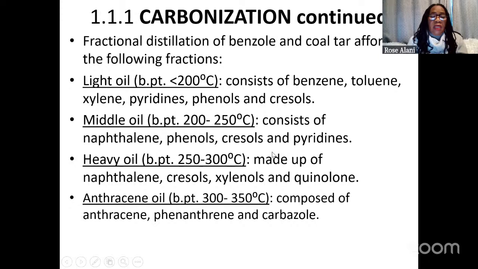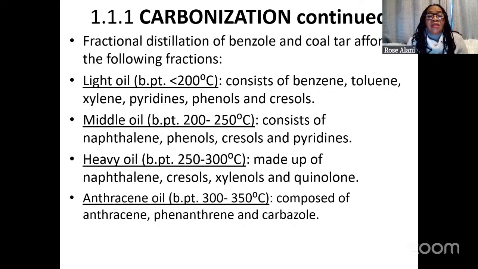So the fractional distillation of benzol and coal tar gives the following fractions. We have light oil at temperature range below 200 degrees centigrade. We have middle oil, temperature between 200 and 250 degrees centigrade.